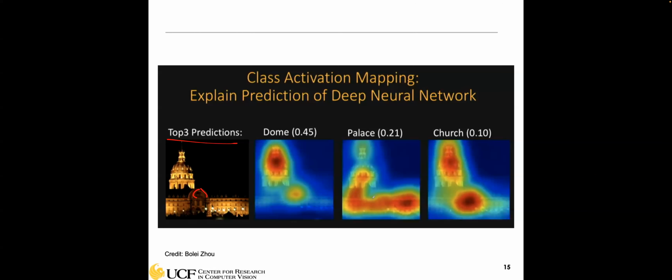So maybe these are the most important regions the network pays attention to in order to predict a palace. Okay, for the church, it also focuses on the top and maybe also the entrance of the church. So these are some of the highlighted regions for the network to make this prediction.